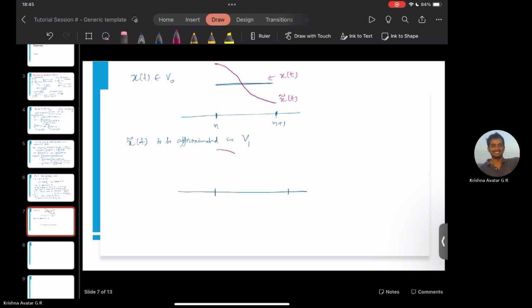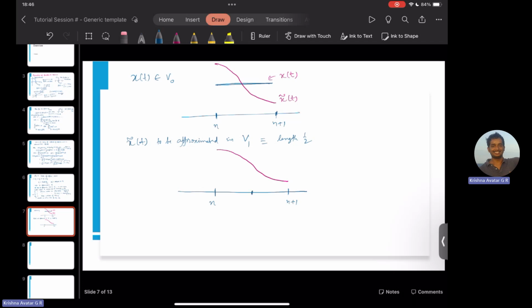So this is our signal, and the interval is n to n plus 1. However, since it's V1, this supports an interval of length half.